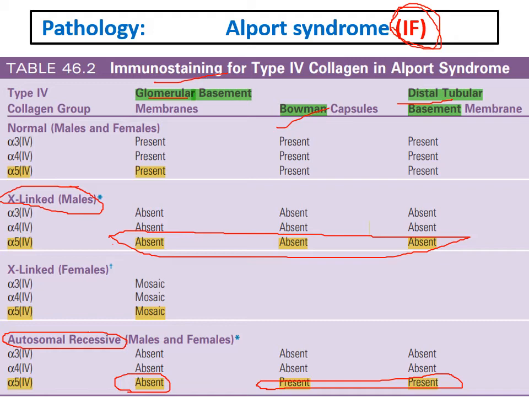Again, in X-linked, they are absent all over the kidney, but in autosomal recessive, they are absent in the glomeruli, but present in the Bowman's and tubular basement membrane. And as we said, in X-linked females, don't forget the mosaic appearance. It is characteristic.